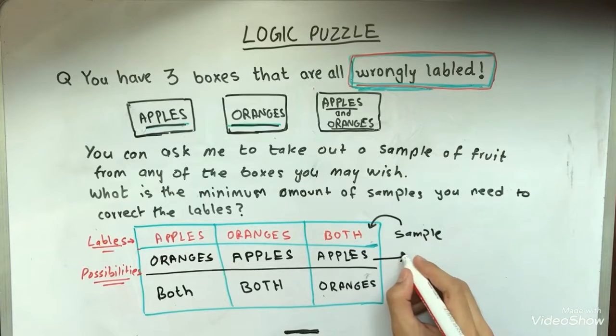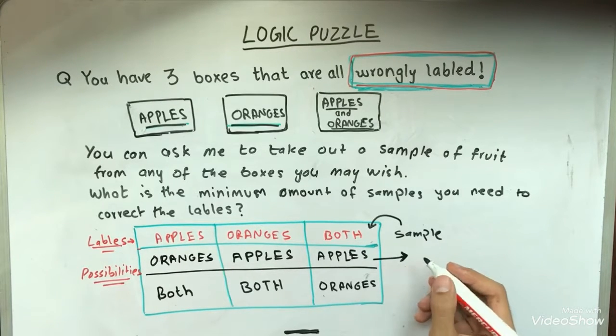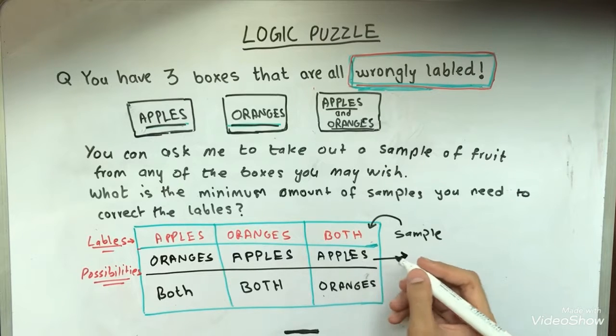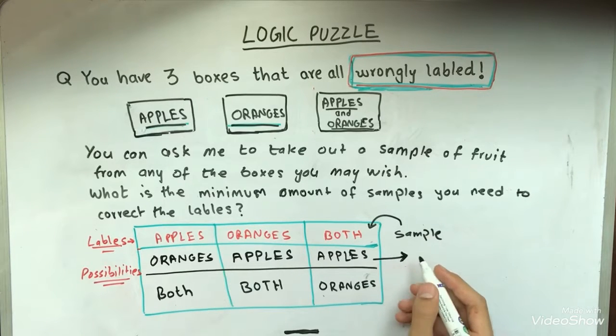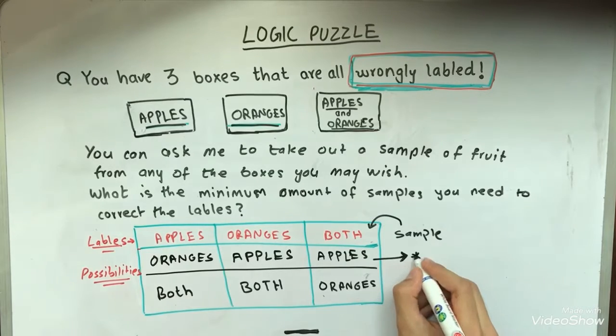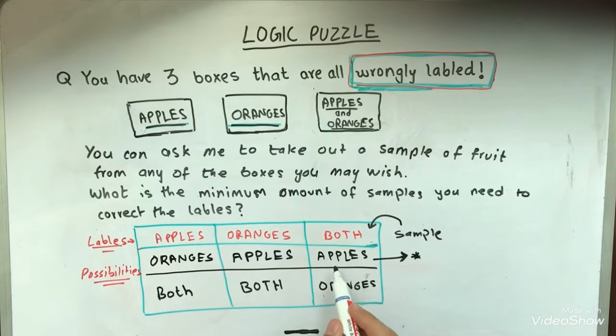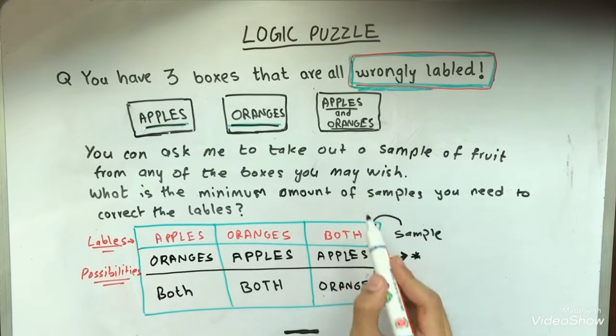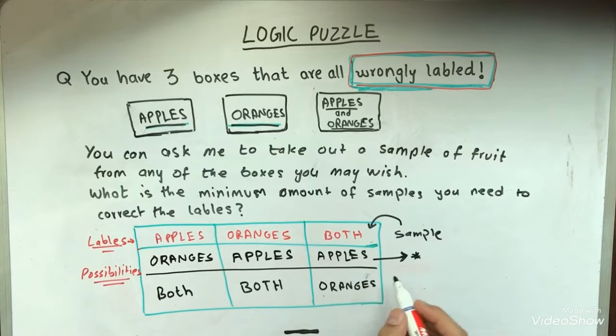Then you know that the box that has the label apples and oranges actually contains apples, not oranges.